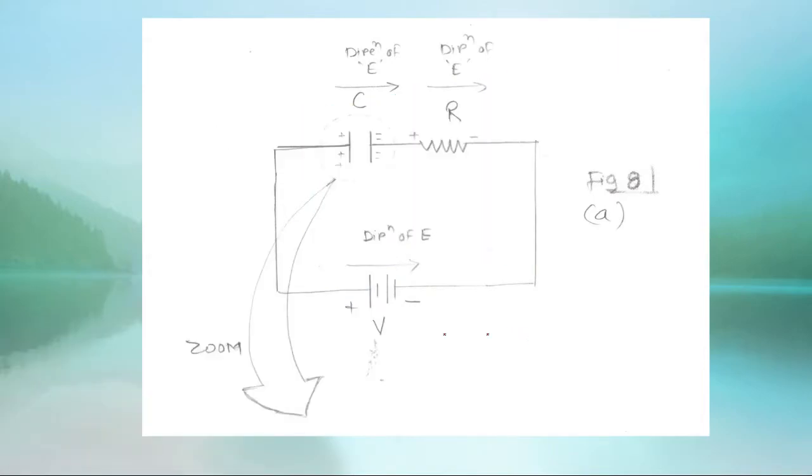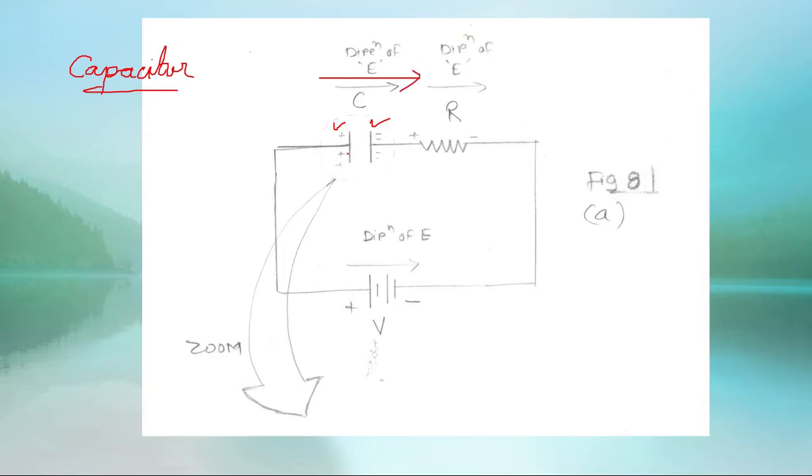Now, what is the direction of electric field intensity? To understand it, we can consider an example with a capacitor and an inductor. All of us know that a capacitor is used for storing energy. A capacitor has two plates, one positive and one negative. Always remember that electric field intensity will always travel from positive to negative.